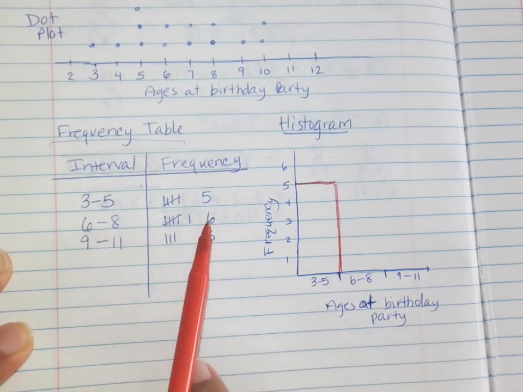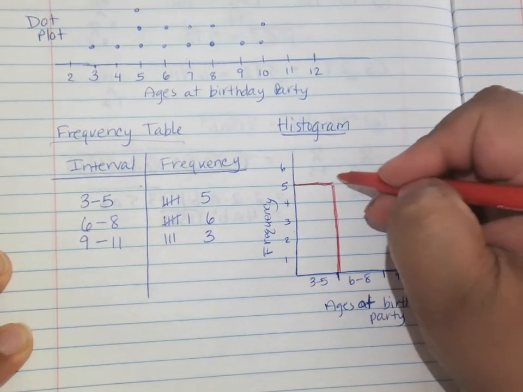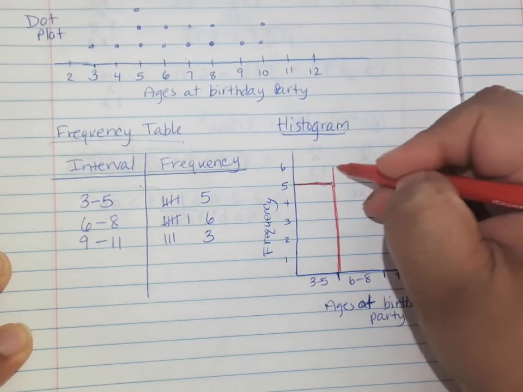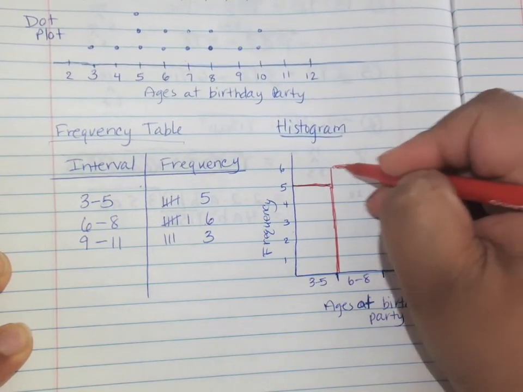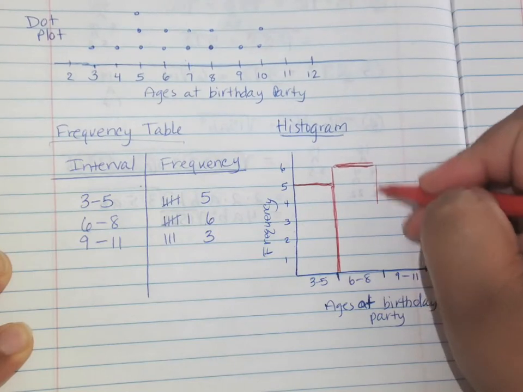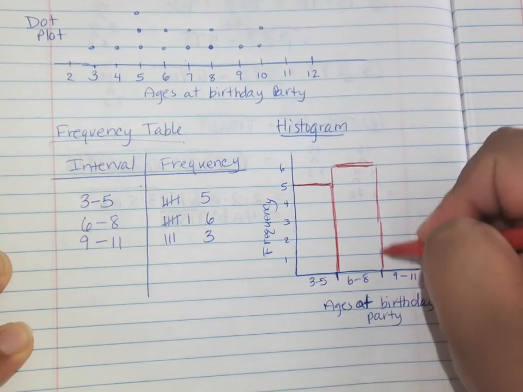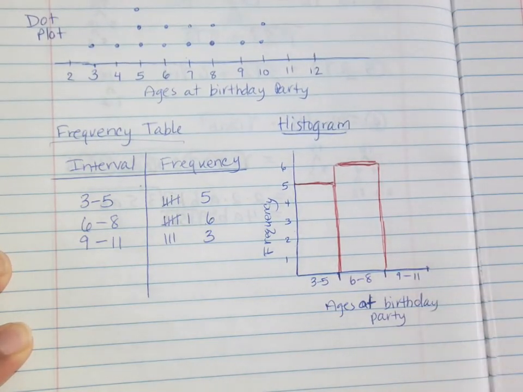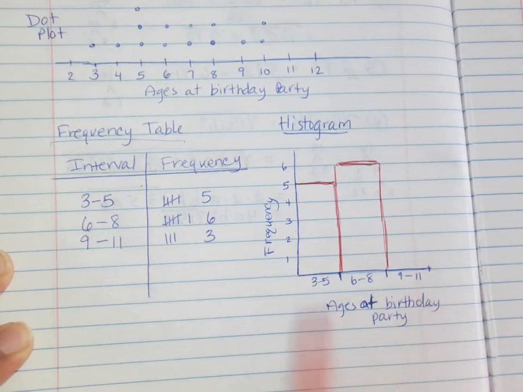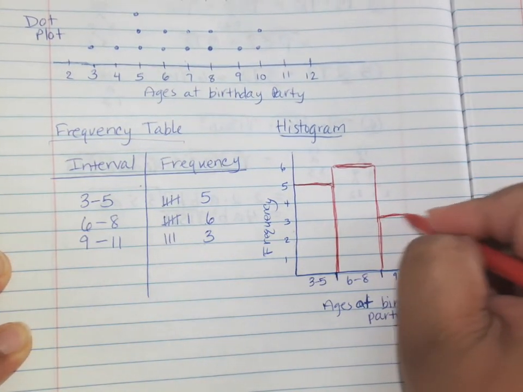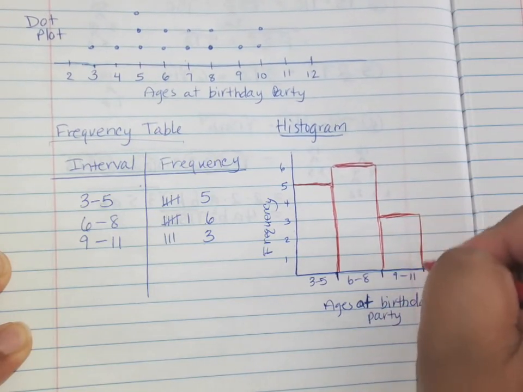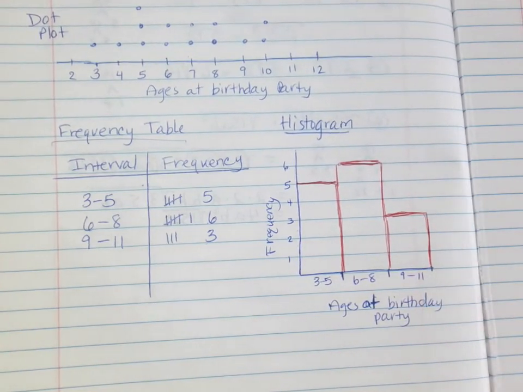6 to 8, that's 6. Remember I said no spaces. Okay, so that's that one. 9 to 11, it's 3. So that would be my histogram.